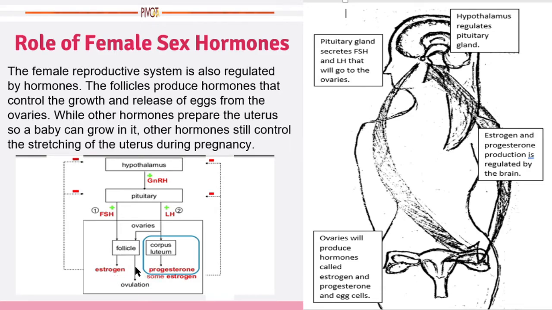Okay? And then on the other hand, it is the LH or luteinizing hormone that will go to the ovaries and help in the ovulation process. Ovulation is the process of releasing the egg cell from the ovary. So luteinizing hormone is responsible for the egg cell to be released outside the ovary.